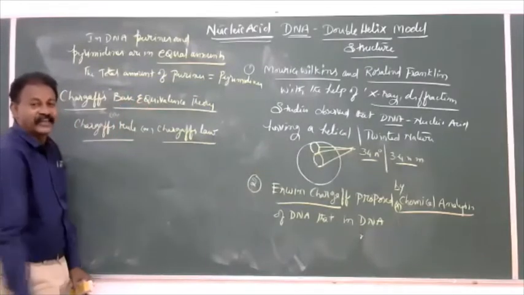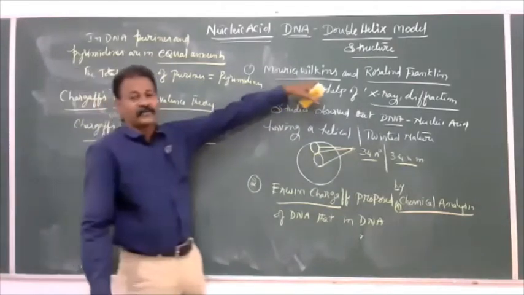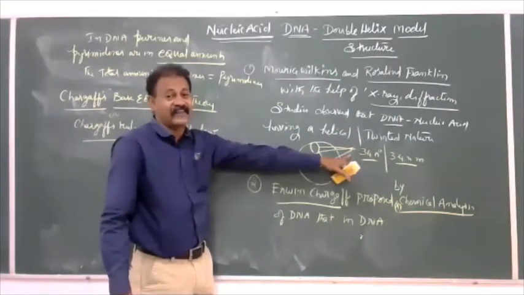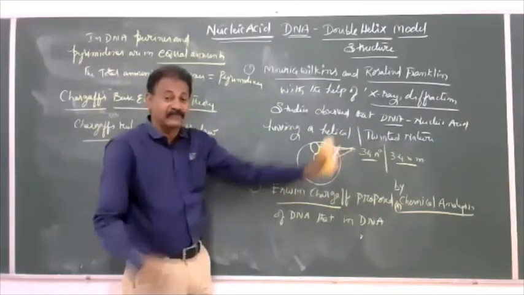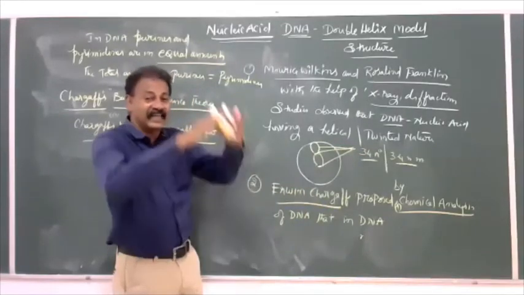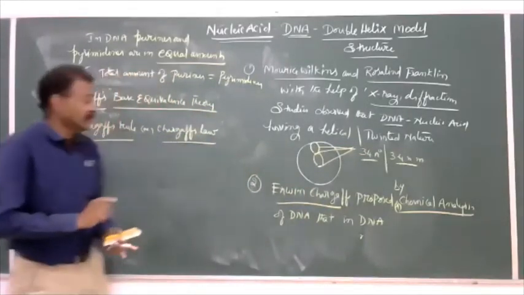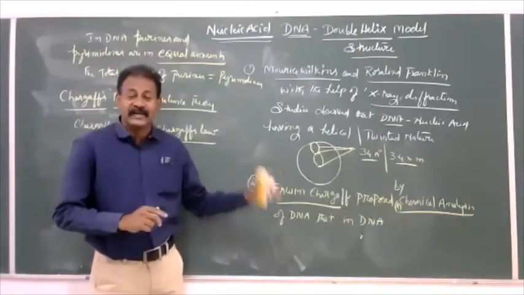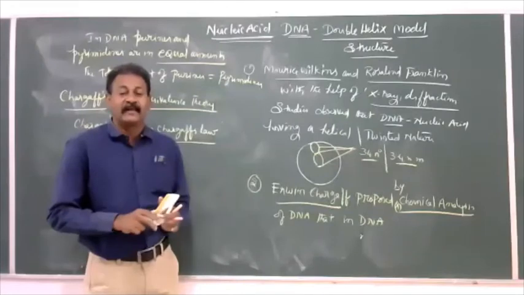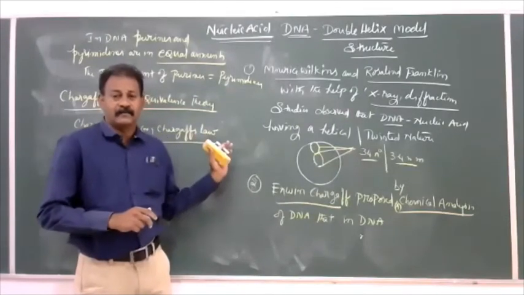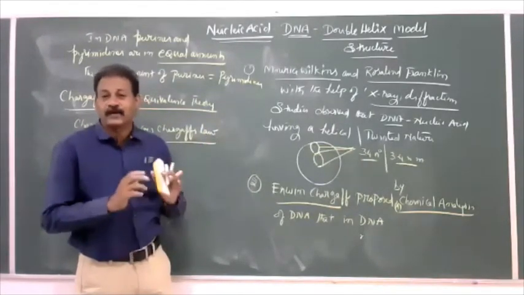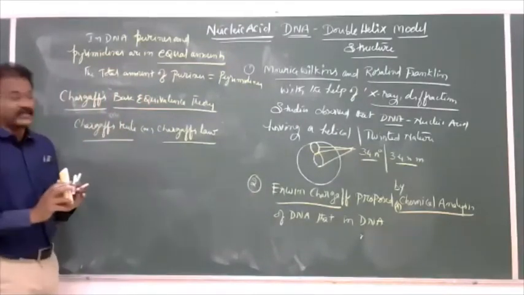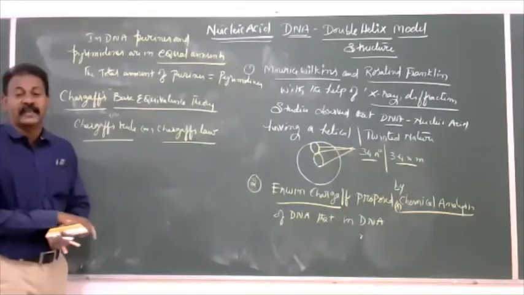By taking these, Maurice Wilkins and Franklin's studies, X-ray diffractions, X-ray crystallography, and observing that DNA is a helical and twisted structure, and after that, in that helical twisted structure, the amount of purine and pyrimidine should be equal, our Watson and Crick proposed a famous, simple but famous model, that is the double helix model for DNA.